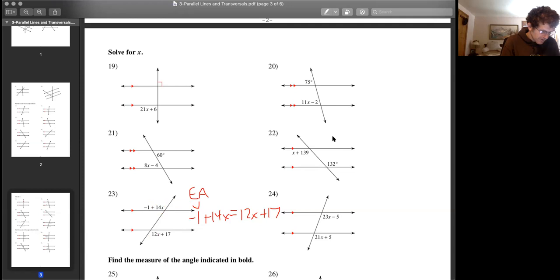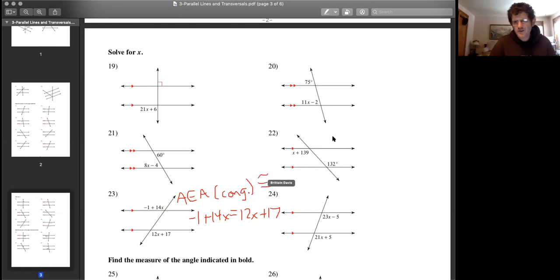Let me get rid of this. I'll rewrite the AEA, and in parentheses I'm going to put they're congruent. This is a symbol that we use for congruence right here. But anyways, let's move ahead with the problem. We'll keep seeing that symbol.